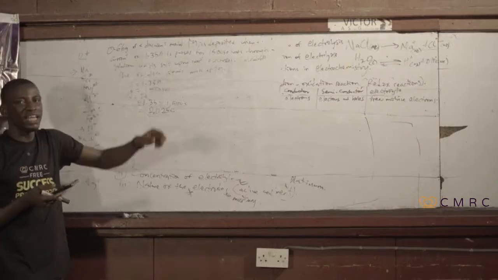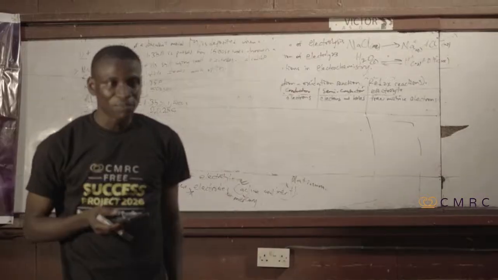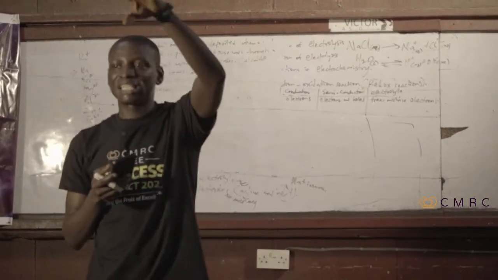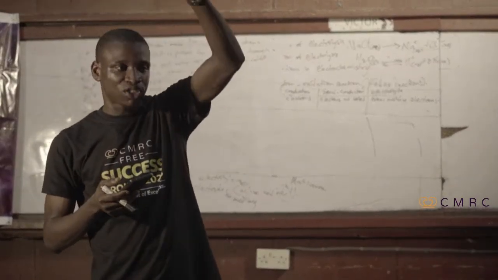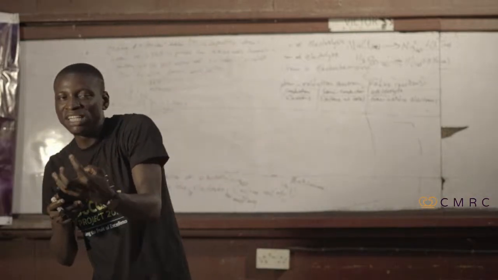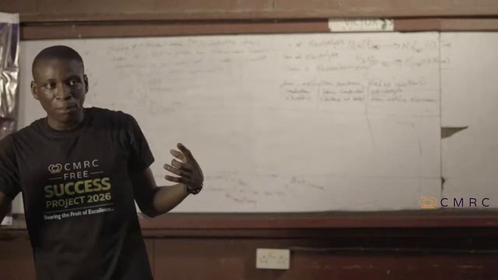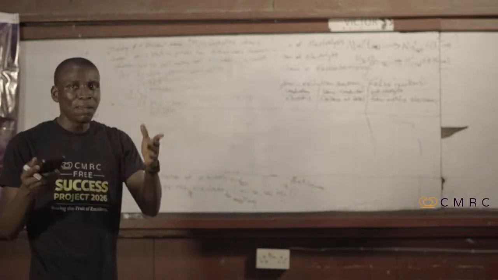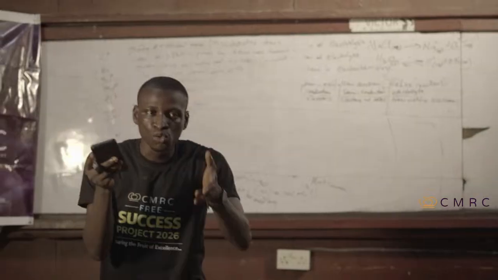0.66 gram of a divalent metal. The metal is divalent, meaning it carries a valency of 2 plus. Because it carries a valence of 2 plus, it will need 2 electrons to get 1 mole, which is equivalent to 2 Faradays.